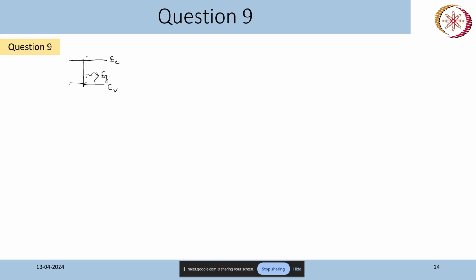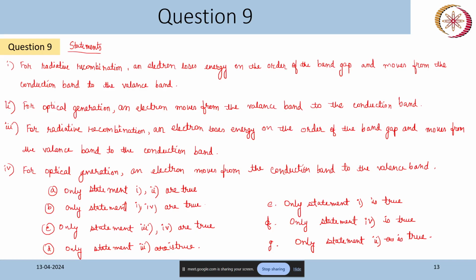So when an electron moves from the conduction band to the valence band, this is basically a recombination process. In a recombination process, the electron loses energy equal to the band gap energy, Eg, and moves from the conduction band edge to the valence band edge.